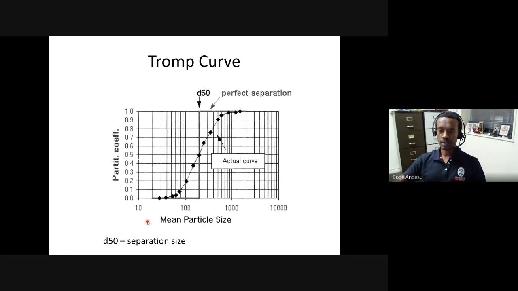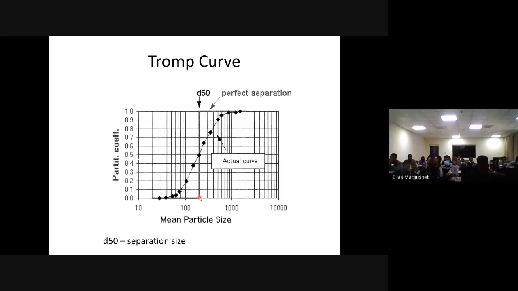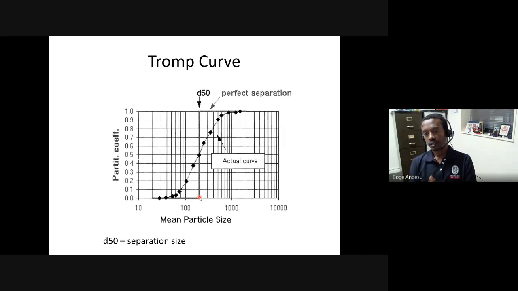Assume particles from 1 millimeter to 2,000 millimeter in size, distributed all over my sample. Let's say you choose a screen of about 200 millimeter in size. So your assumption will be particles that are smaller than 200 millimeter will pass through this screen. Particles that are coarser than 200 millimeter will simply flow over the screen and report to the coarse fraction.